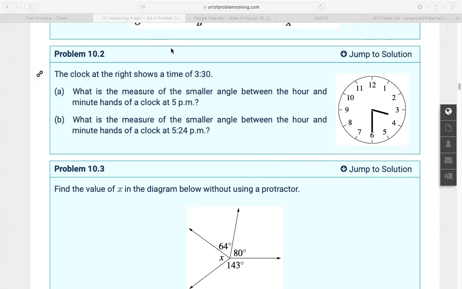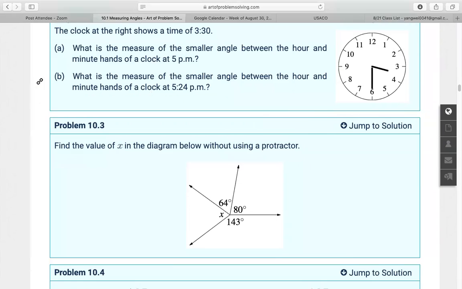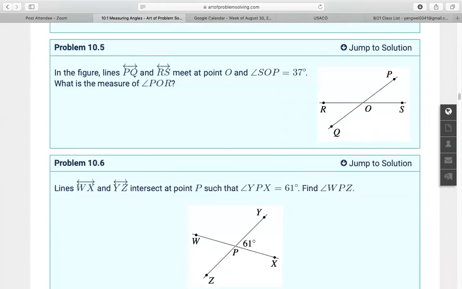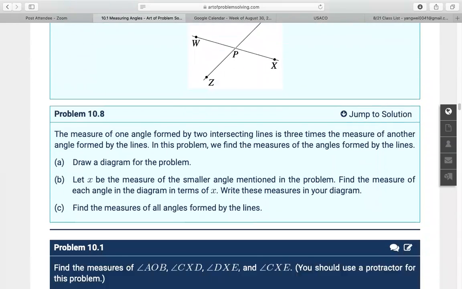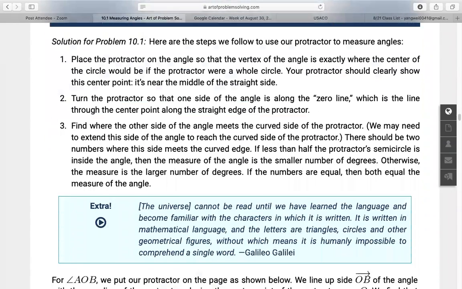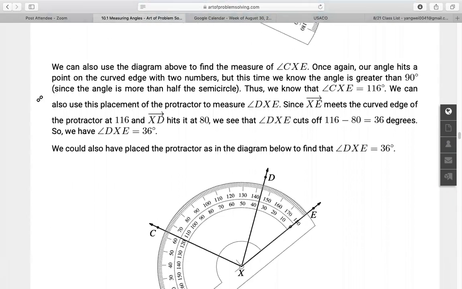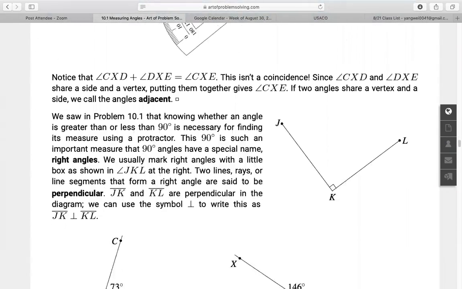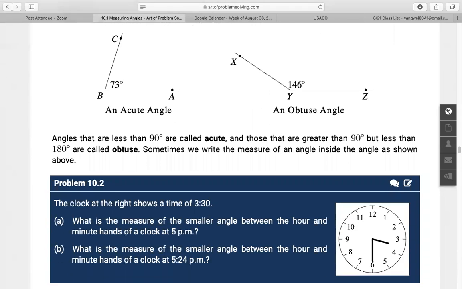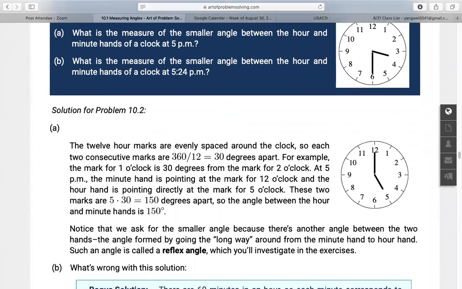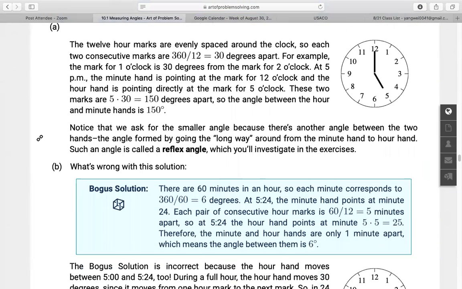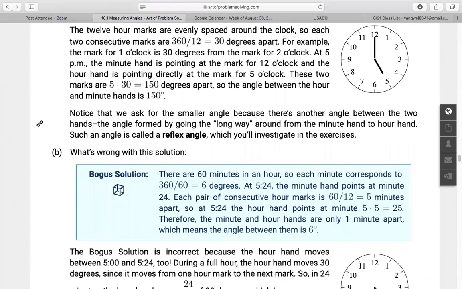Let's see this. This one is a little bit harder, okay? 10.2. That's 150.